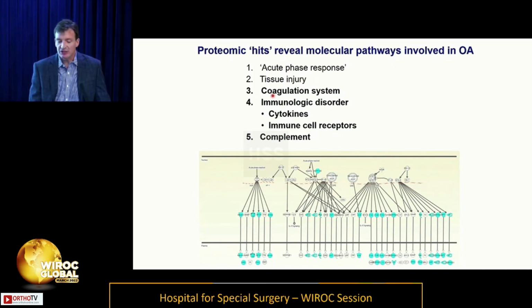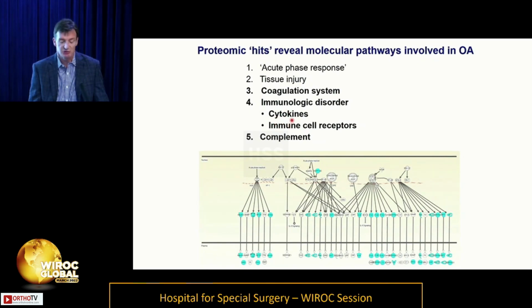And then we started seeing things like coagulation. My lab has been very interested in the intersection between coagulation and inflammation, and the enzymes that regulate coagulation also frequently regulate inflammatory mediators. We have several stories around that in osteoarthritis. And then immunologic disorders with cytokines and immune cell receptors.